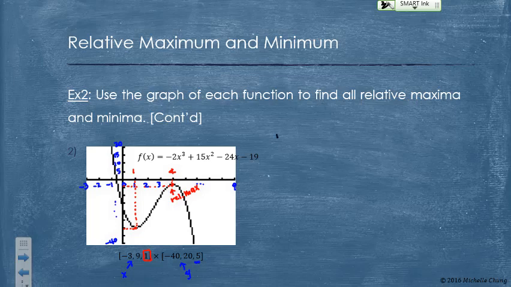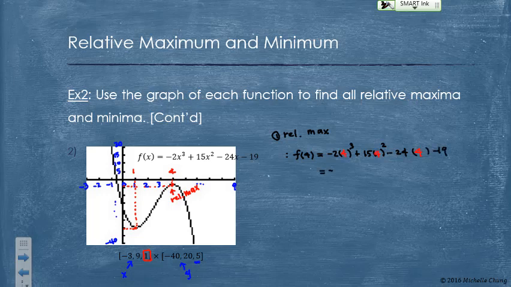Number 1, relative maximum. To find the relative maximum value, we have to evaluate the function with x value 4. So -2x cubed plus 15x squared minus 24x minus 19, and plug in 4.